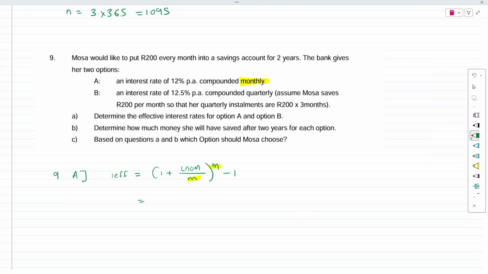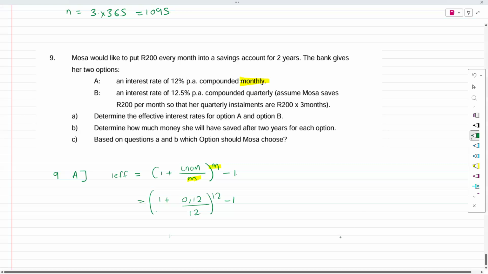So for this question, we should have 1 plus, the interest is 0.12 over 12, to the power of 12, minus 1. And the effective interest should be 12.68%. You guys can sort that out. If you don't want to use that and you want to use decimal, 0.1268. Okay. This one should be quite simple.